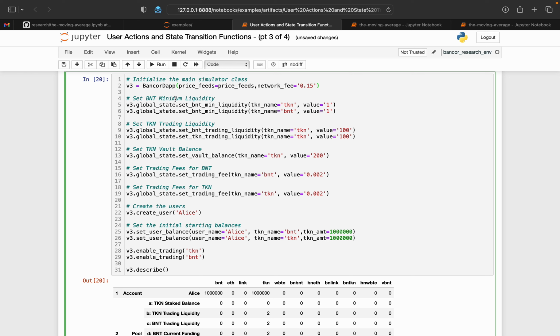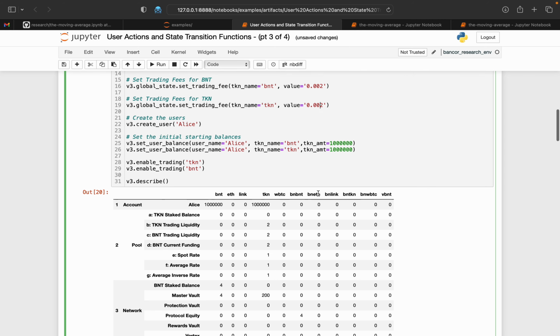And the network fee, we'll set that at 0.15, which is the same value that Mark had it at there. And then we can just set a low BNT minimum liquidity, our trading liquidity, so BNT trading liquidity and TKN trading liquidity for our generic TKN token. We'll set it at 100 each, and then set the vault balance of TKN to 200, and the trading fees for both BNT and TKN.